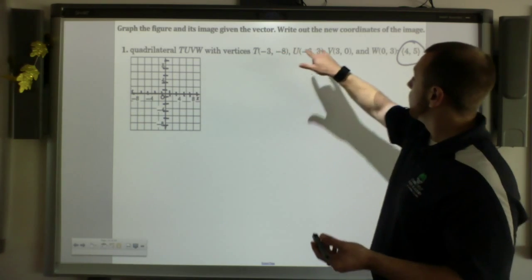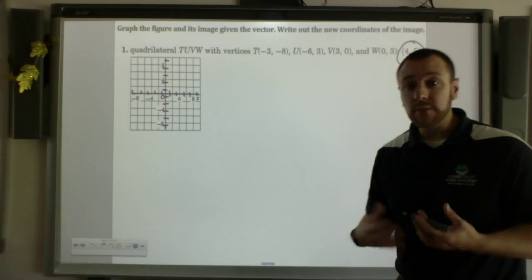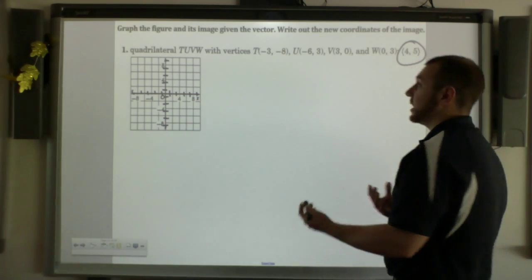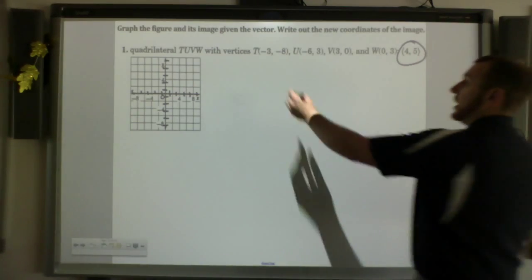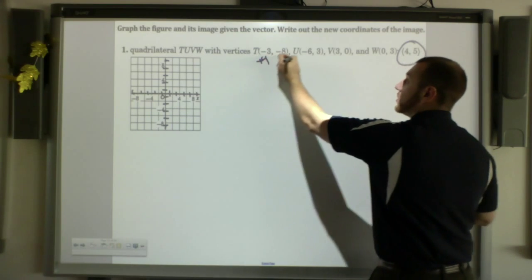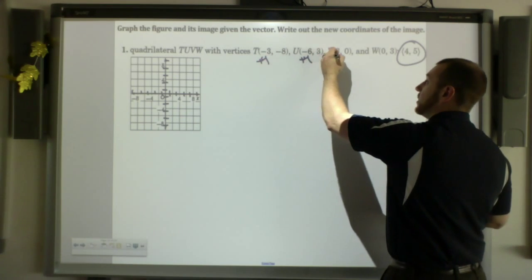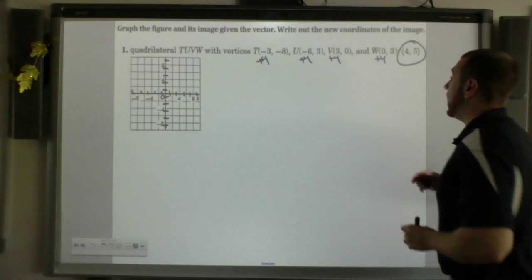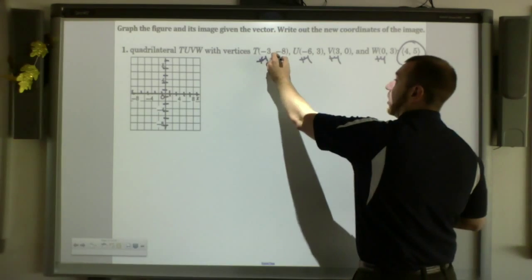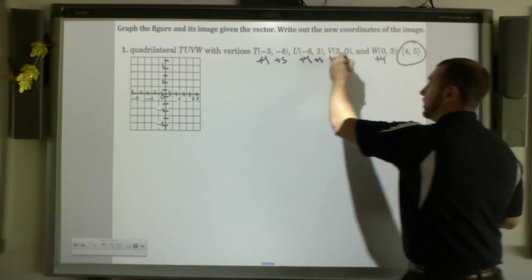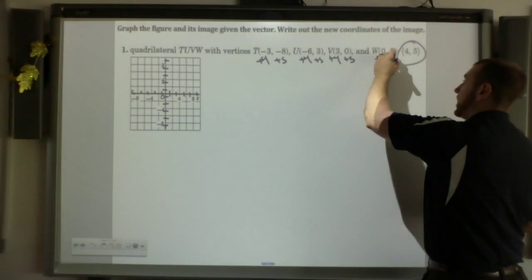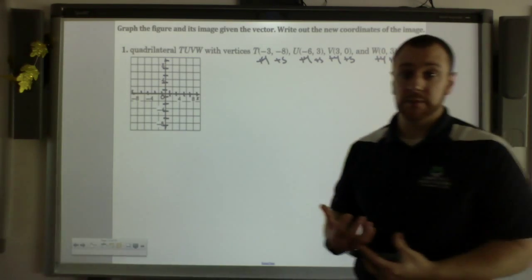So if I take my original points, what I can do with my vector is say, okay, I'm going to add 4 to all my x's, and I'm going to add 5 to all my y's. And I can create these new points.